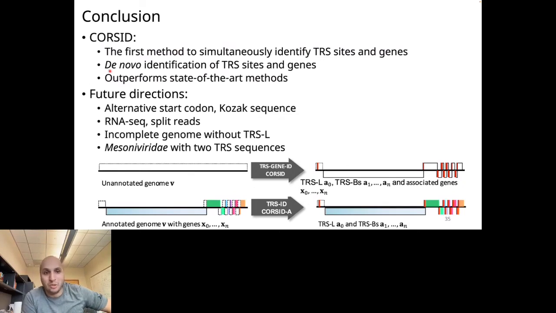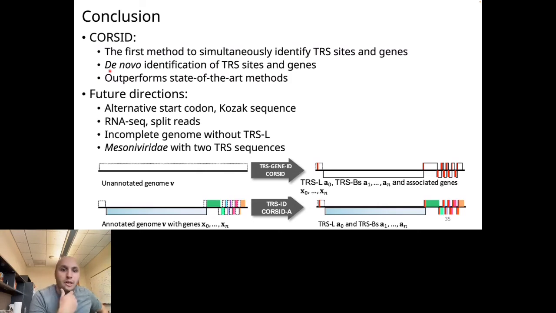You just have the assembled genome. And you can use this tool to get an idea of what are the genes present in the genome and also what are the TRS sites. And you can use the TRS sites to classify it: what type of coronavirus is this? Is this an alpha, beta, gamma, or delta coronavirus? And you can even go down to the subgenus level. So it outperforms state-of-the-art methods.